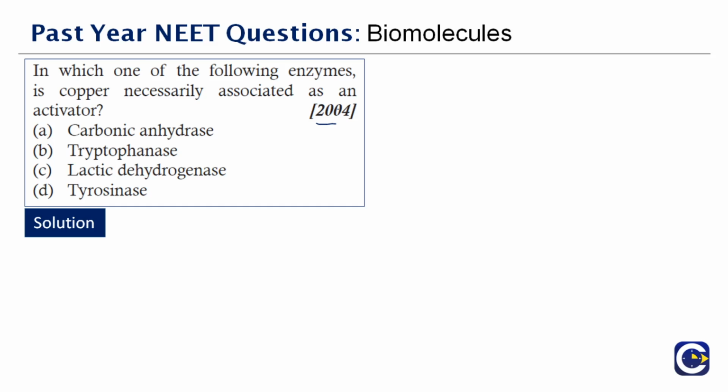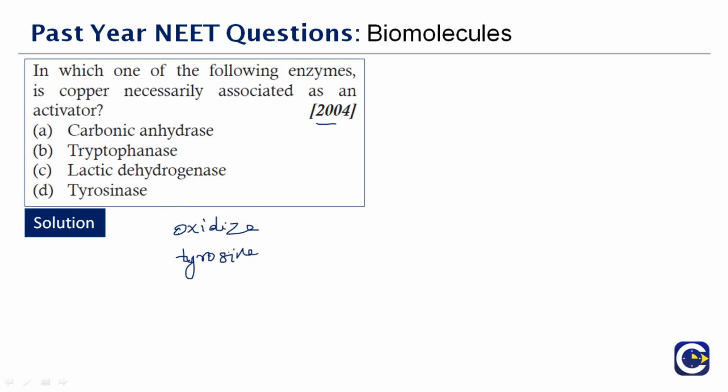Tyrosinase is also called polyphenol oxidase, and it's a copper-containing oxidase which is widely distributed in plants, animals, and also present in man. What is its activity? Its activity is to oxidize tyrosine.